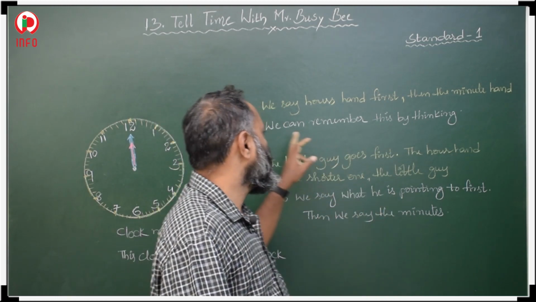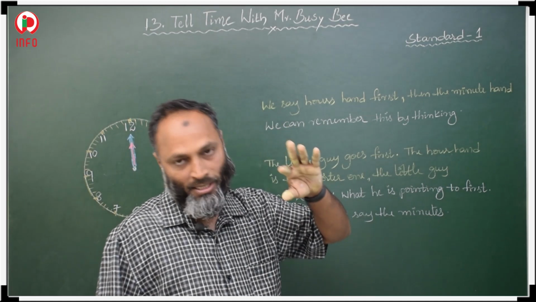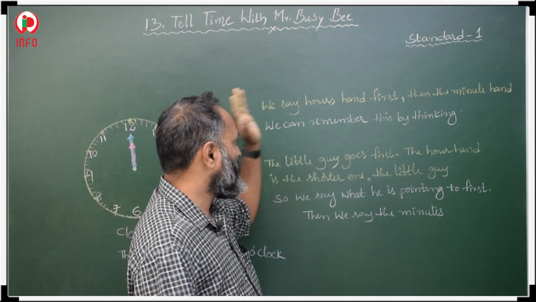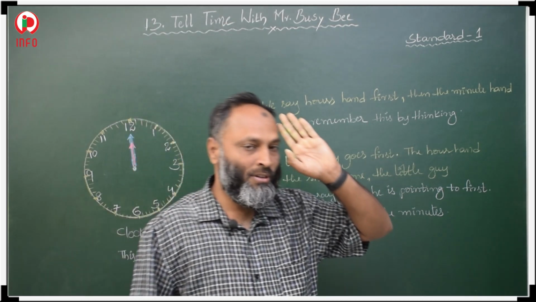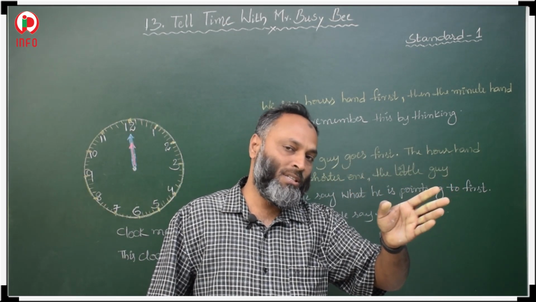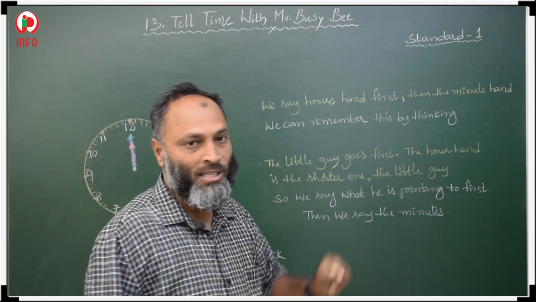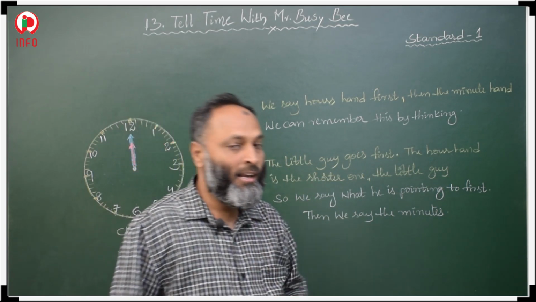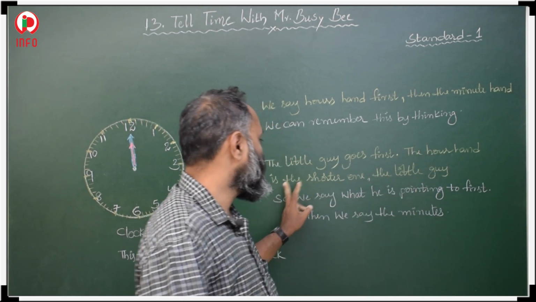Okay. We can remember this by thinking: first the hour hand, then the minute hand. The little guy goes first. The little guy means the little hand, which is the hour hand. The hour hand is the shorter one.